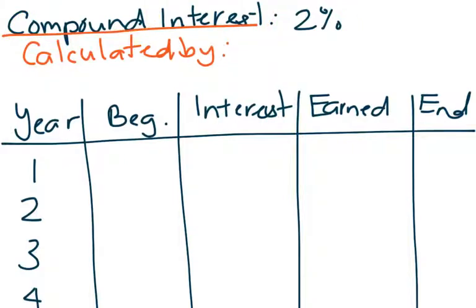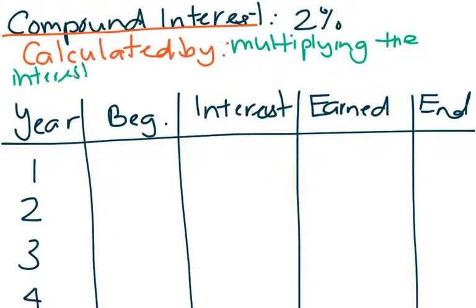And what that means is that interest is calculated by multiplying the interest rate. So far it's the same. Multiplying the interest rate, not just by the initial value, but by the total amount that you have earned so far, including all the interest that you've earned throughout the years.